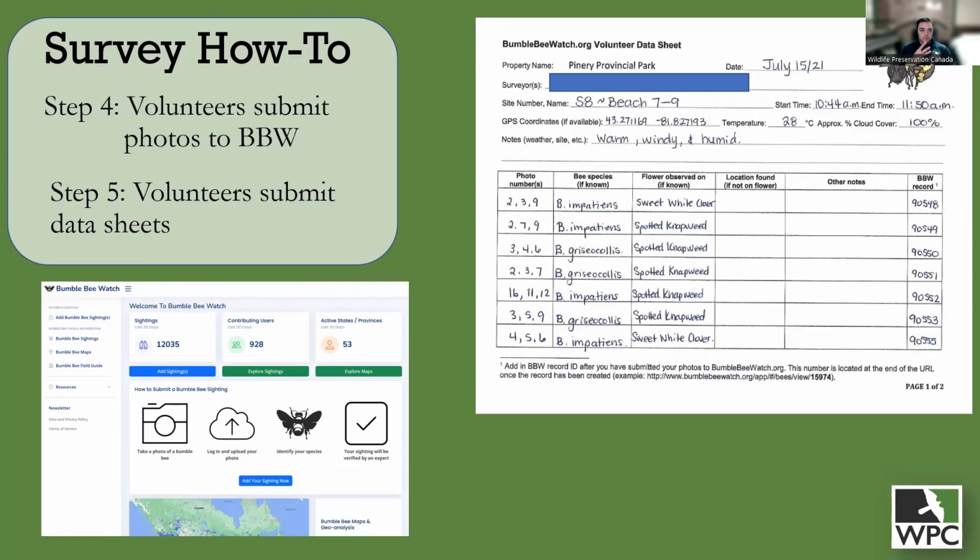And then you would upload the photos to Bumblebee Watch. And after you've done that, you would find your Bumblebee Watch records for your individual bees that you captured during that survey and transcribe them back onto the volunteer data sheet. At that point, the data sheet is complete and the volunteer can submit that back to the hosts.